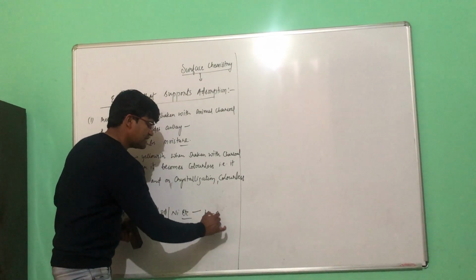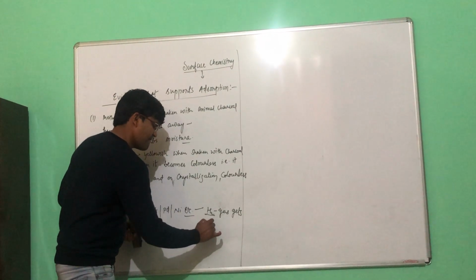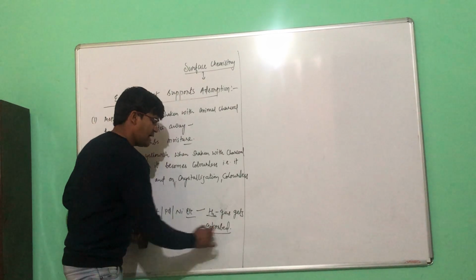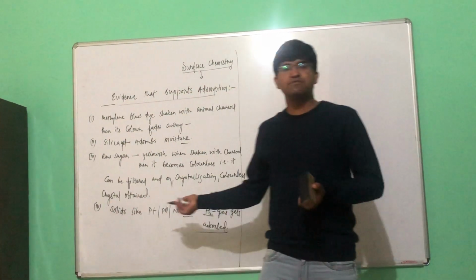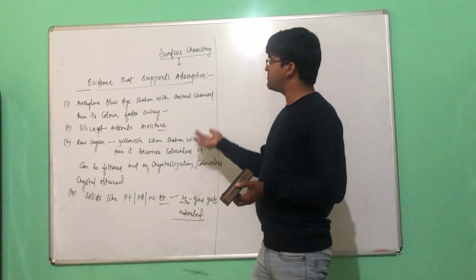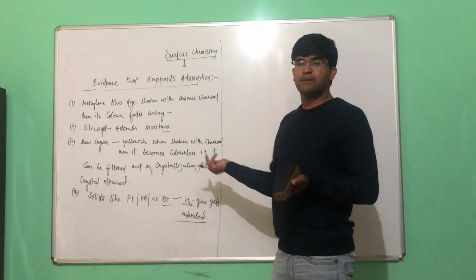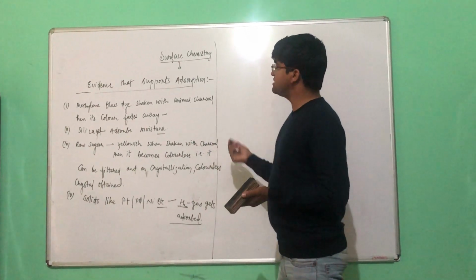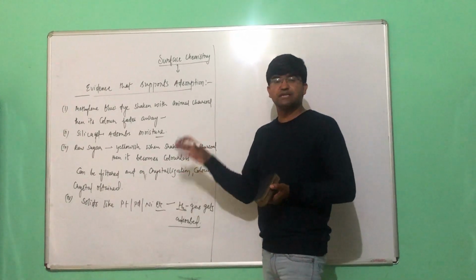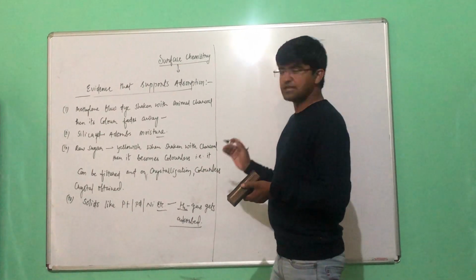This hydrogen gas gets adsorbed on the free valencies, binding with the free valencies of the metals. These are the most common examples which we study in different chapters of chemistry. These are the evidences that support that adsorption is a process that takes place on the surface.